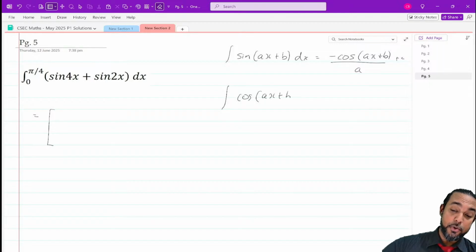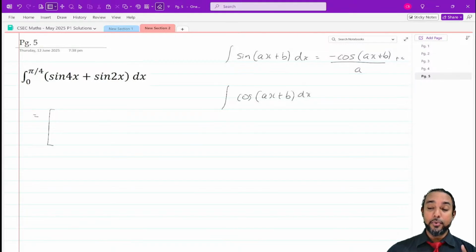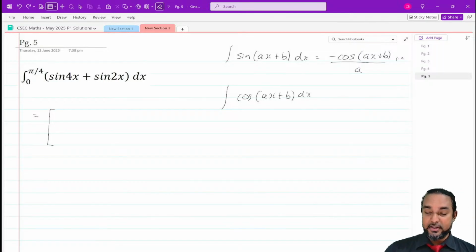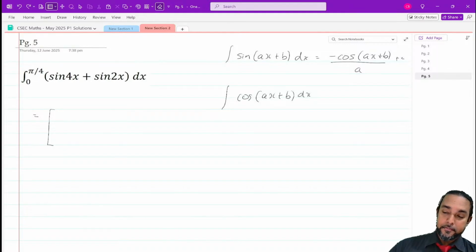Please be aware that the chain rule for integration only works with linear functions. It doesn't work with quadratics or cubics. The only power of x inside that bracket is 1, technically 1 and 0, but the 0 is a constant. Just be mindful of that.